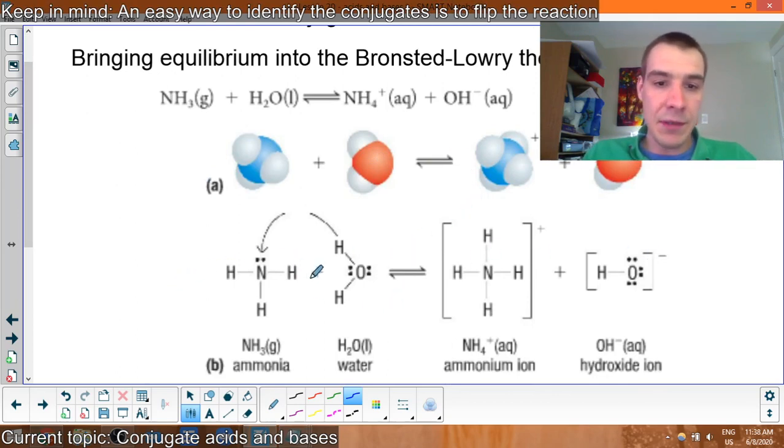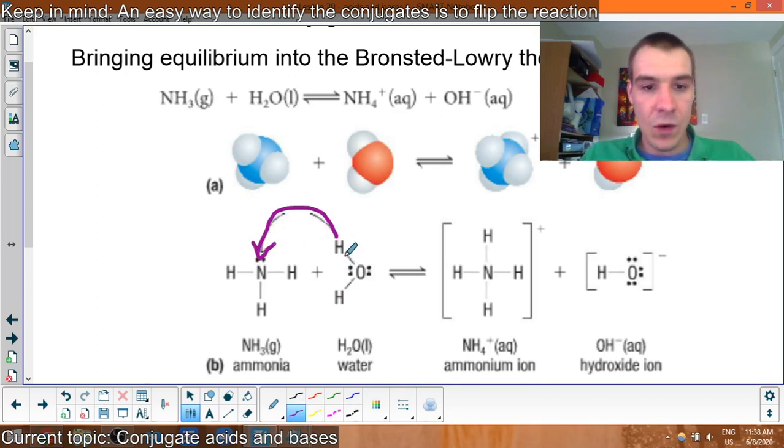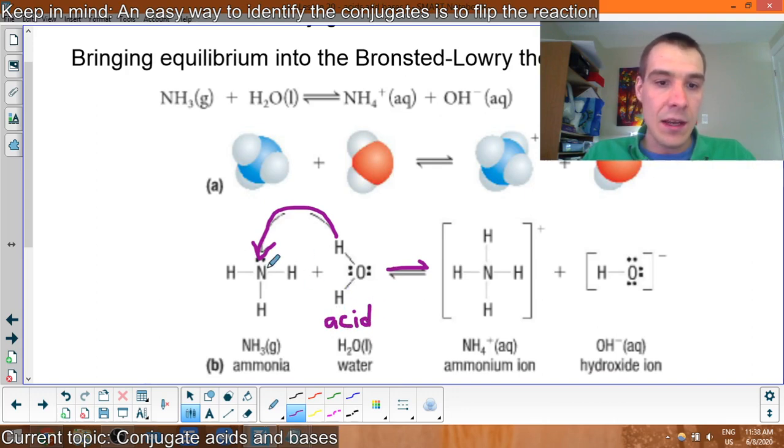So in the forward process, the hydrogen goes from the water to the ammonia, right? The hydrogen goes from water to the ammonia, which makes the water an acid because it's giving up an H+. Acid. Right, that's acid. And the ammonia is absorbing an H+, that makes it a base, a Bronsted-Lowry base.